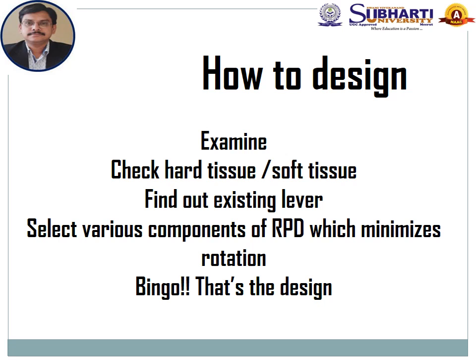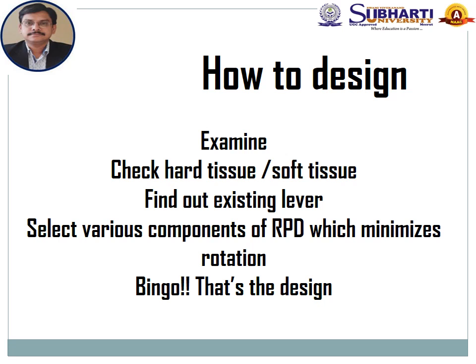Then find out the support part on the natural dentition, where you want to take support from natural dentition. That is the rest seat. That rest seat will now be the point of rotation or the fulcrum. Now find out what existing lever is present, whether it is class 1, class 2 or class 3.